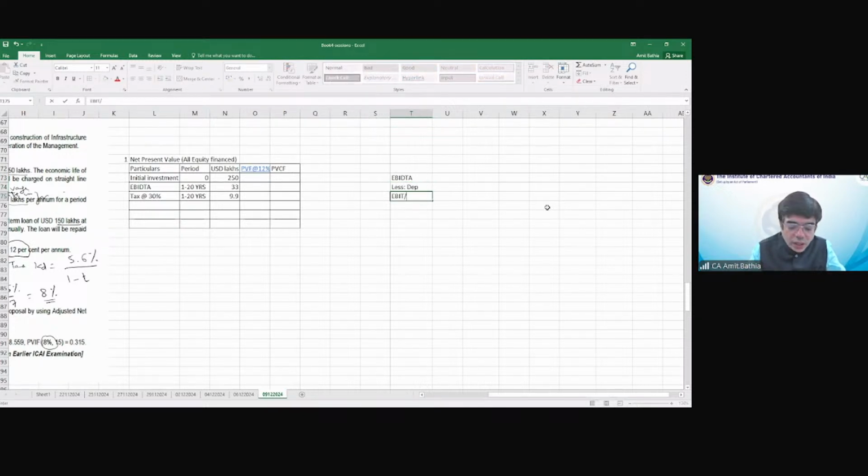There is no interest over here, so I am going to say EBT also. Why no interest? Because I am assuming over here all equity finance. So then I have earning before tax. Then I say less tax, and what I get is EAT, which we did in the previous question also. Then I will again add depreciation, and that will give me CFAT.